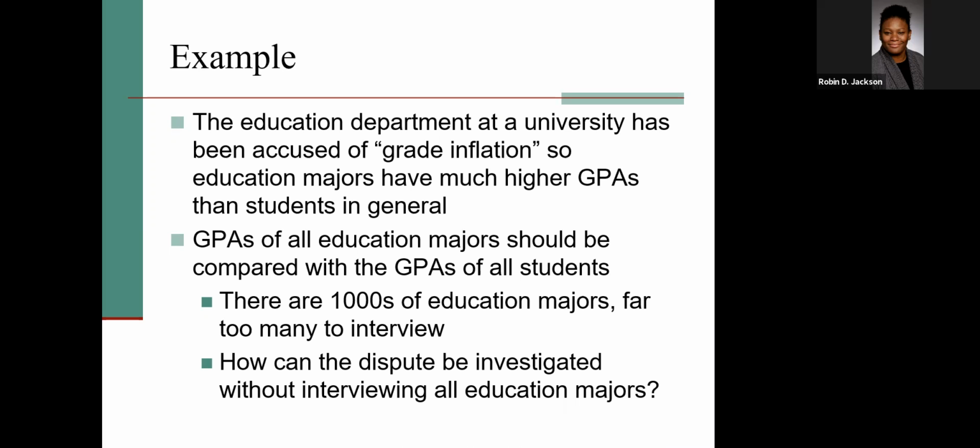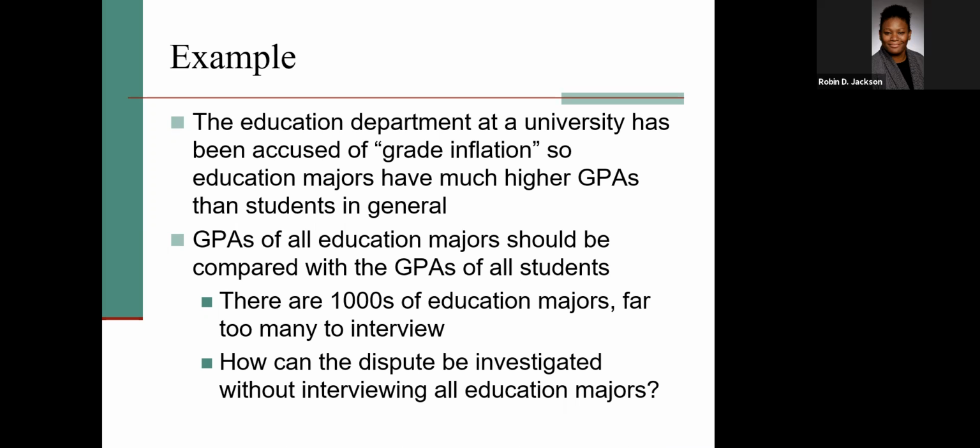Plus, you also have to think about majors from other departments. So not just education majors, maybe you have sociology majors, CJ majors, math majors, biology, ag, all these different departments. You've got to compare those GPAs. So we're talking about lots and lots of students.